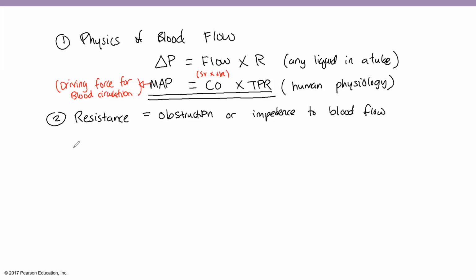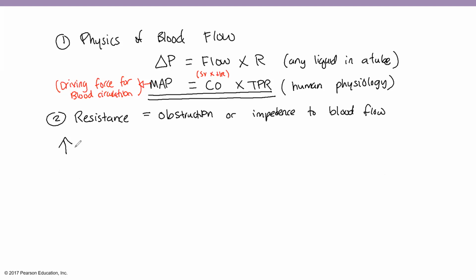And we talked about some factors that were directly or indirectly proportional to resistance. If we increase resistance, which by the way is decreasing flow, based upon this relationship, if we were to rearrange this equation, flow and resistance are inversely proportional.